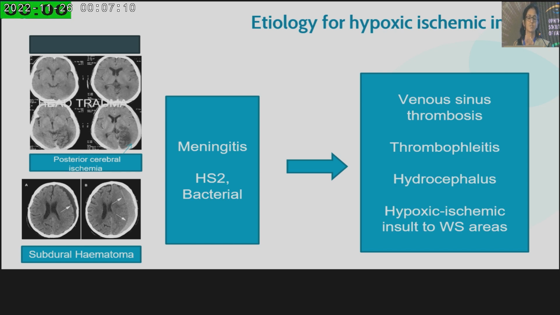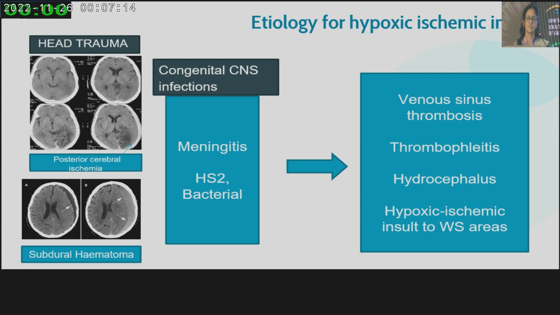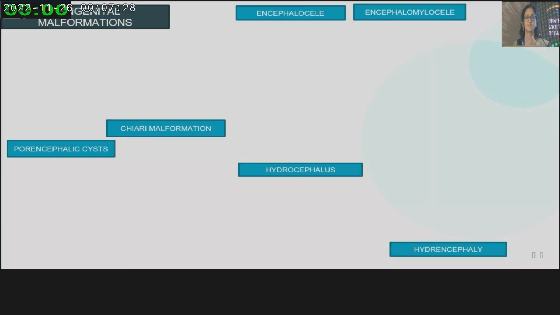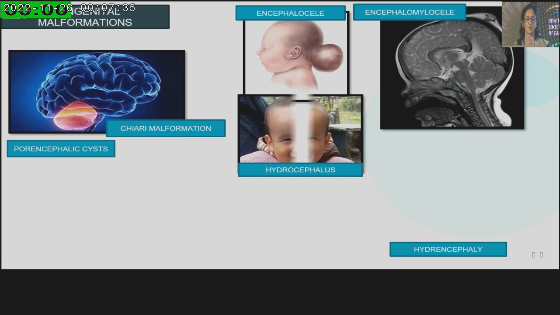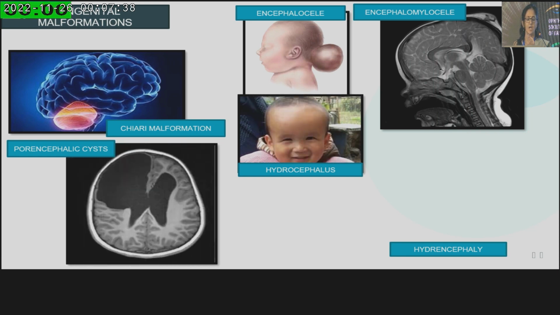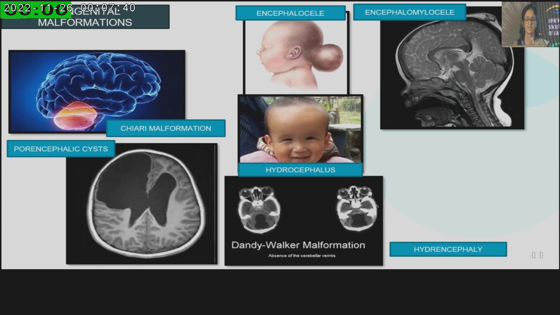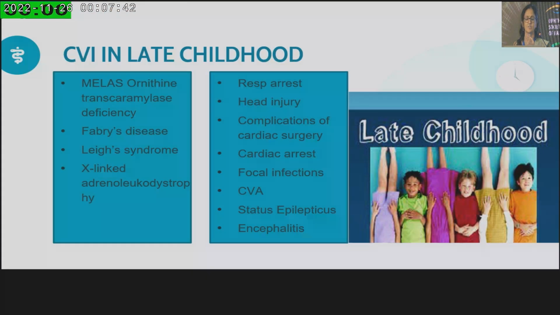What are the causes? Mainly head trauma and congenital CNS infections, mainly herpes simplex infection and meningitis. That will result in venous sinus thrombosis or thrombophlebitis, hydrocephalus and hypoxic ischemic insult to the watershed areas. There are certain congenital malformations associated with this, like the Chiari malformation, encephalomyelocele, hydrocephalus, porencephalic cyst, Dandy-Walker syndrome, and hydranencephaly.